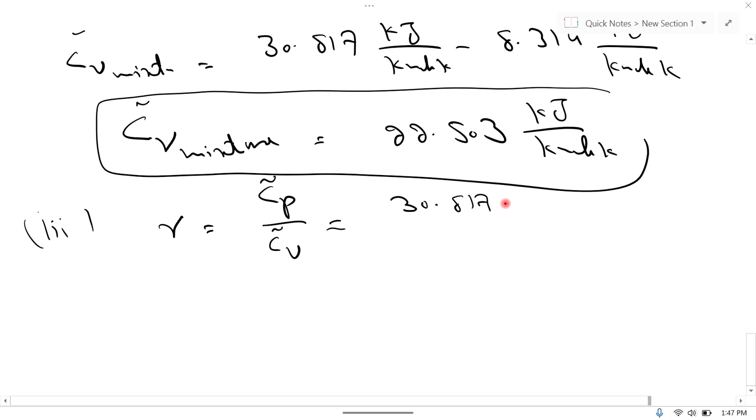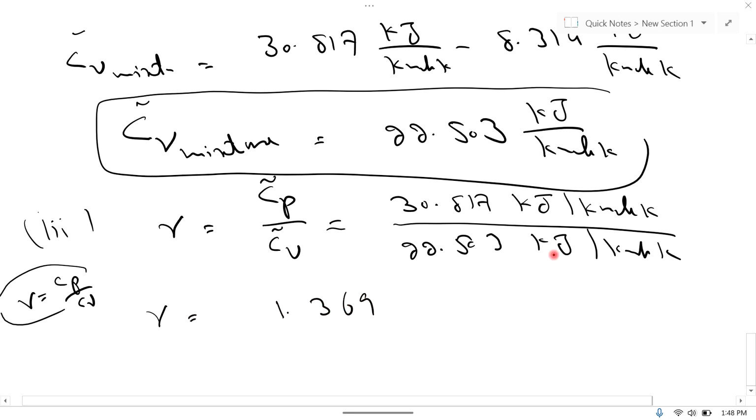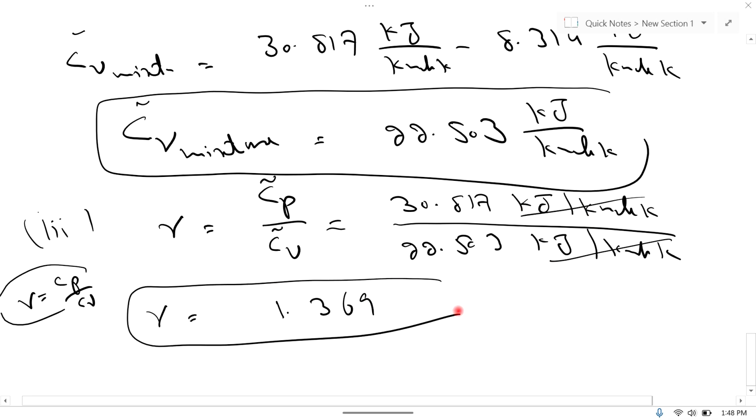We can find gamma from Cp divided by Cv and also from Cp dash divided by Cv dash. So Cp dash divided by Cv dash is 30.817 kilojoule per kilomole per Kelvin divided by 22.503 kilojoule per kilomole per Kelvin. The units cancel, and this is equal to 1.369, which is the value of gamma.